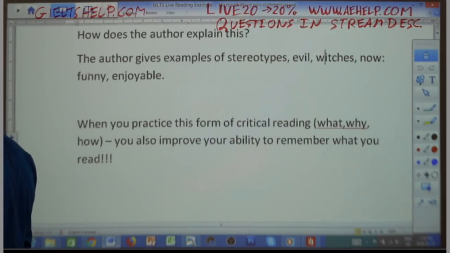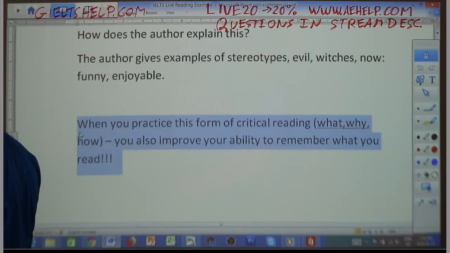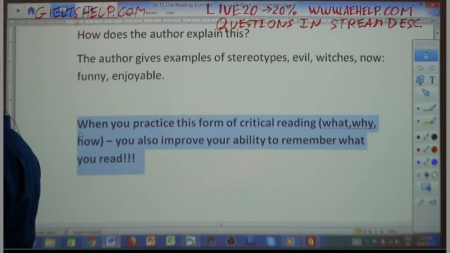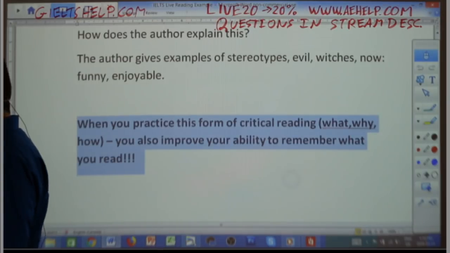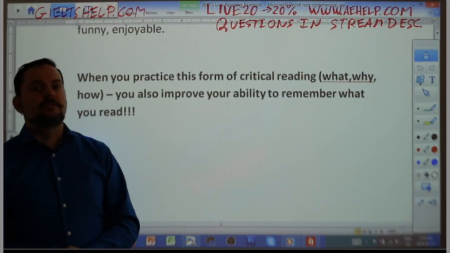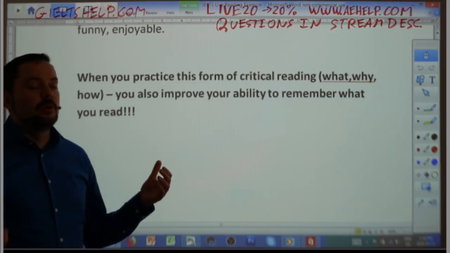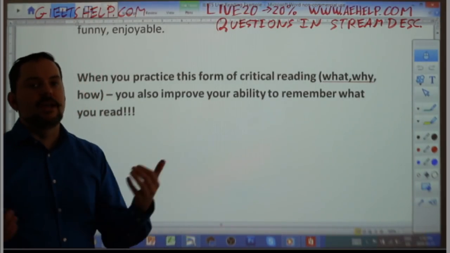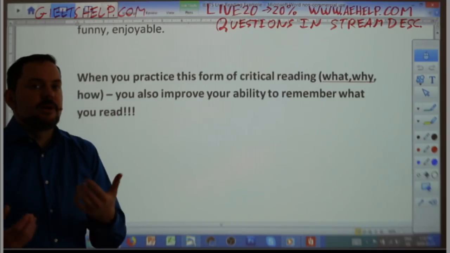Okay, so oftentimes students complain that they understand the passage. They say, well, I can read the passage, I understand the vocabulary, I understand what it's about, but when I get to the questions, I totally forget what I just read. What's my problem?